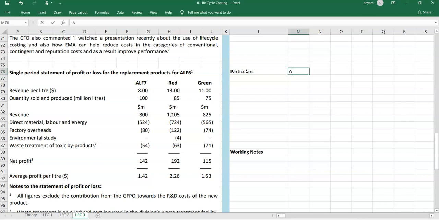So the products are ALF 7, red and green. So the revenue I don't think will be different. Okay, so all these numbers are in dollars, or dollar million.